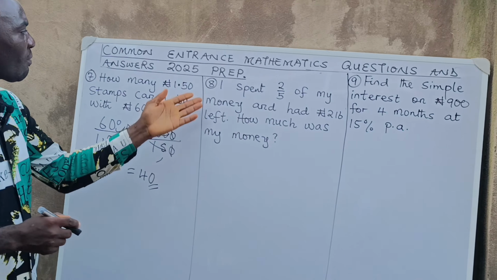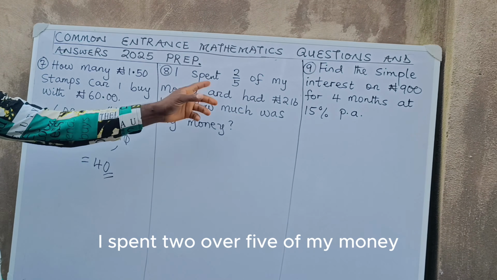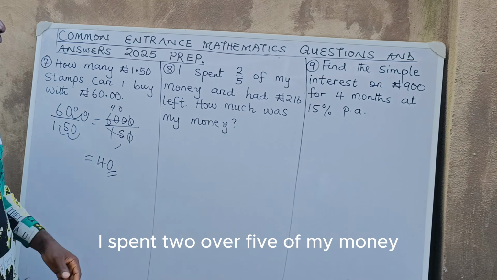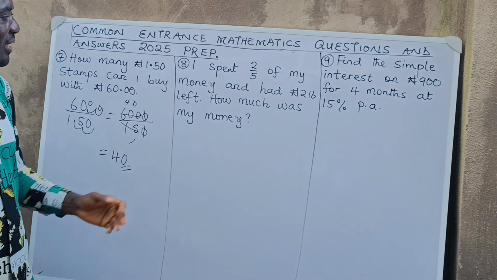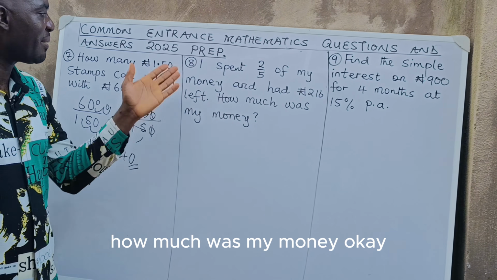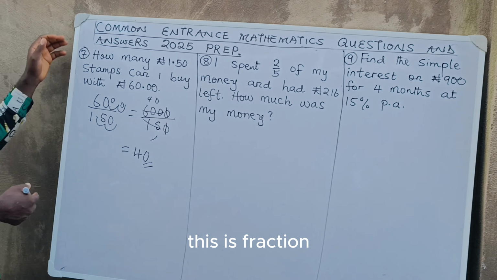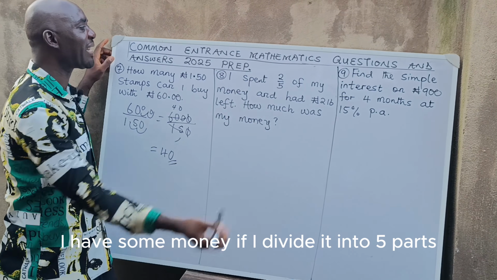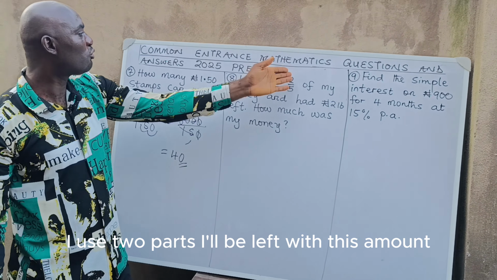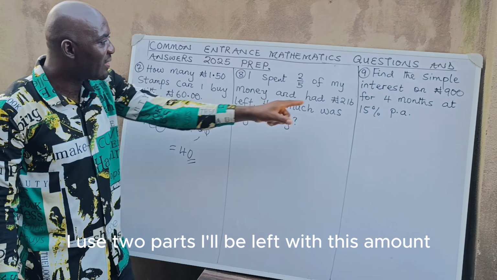Question 8. I spent 2/5 of my money and had 216 naira left. How much was my money? Okay, this is fraction. I have some money. If I divide it into 5 parts and use 2 parts, I'll be left with this amount.